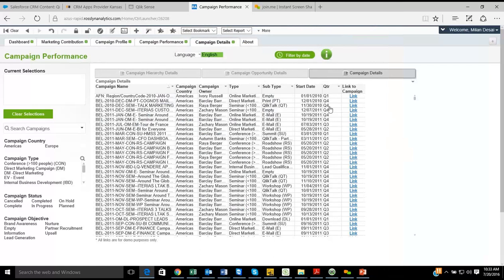So we are looking at different things here and different ways in which you can analyze the campaign data.